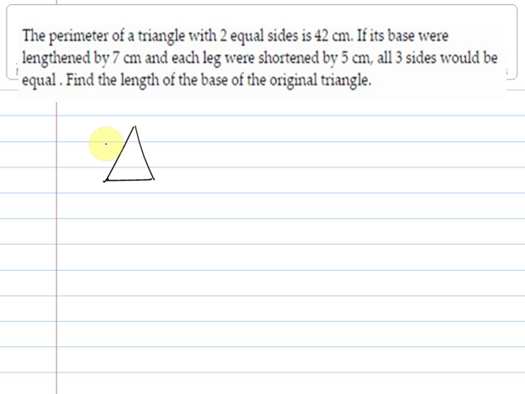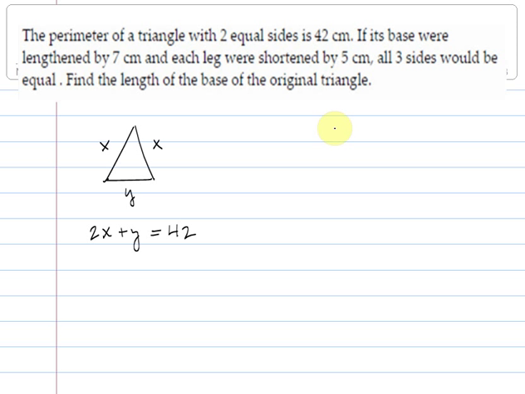So let's go ahead and let the 2 legs be called x and the base be called y. And we are told that the perimeter is 42 centimeters. So adding up all the sides, x plus x plus y would be represented by 2x plus y, and the perimeter equals 42 centimeters.